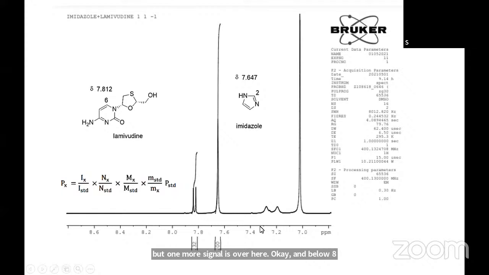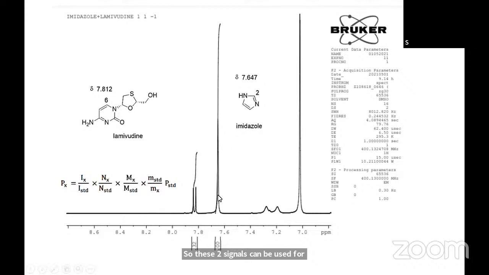So here you can see after 7.5 and below 8, now we have two signals. So this signal is the proton present at the second carbon of imidazole, and this is the proton present at the sixth position of lamivudine. So these two signals can be used for quantitative evaluation of lamivudine.